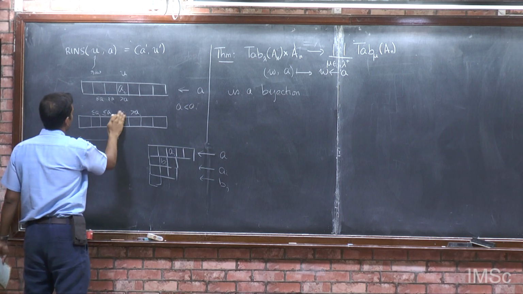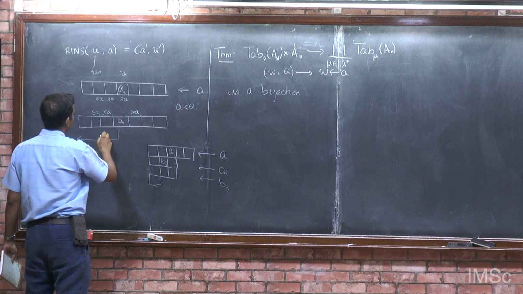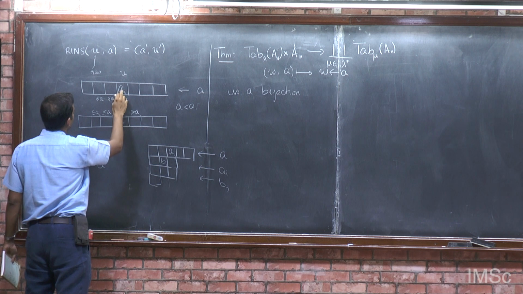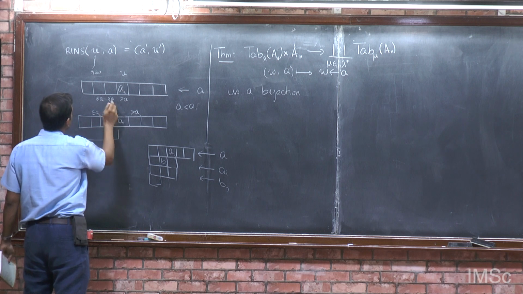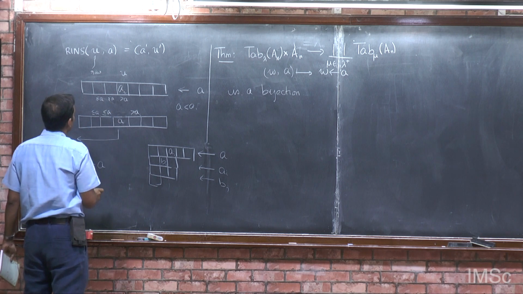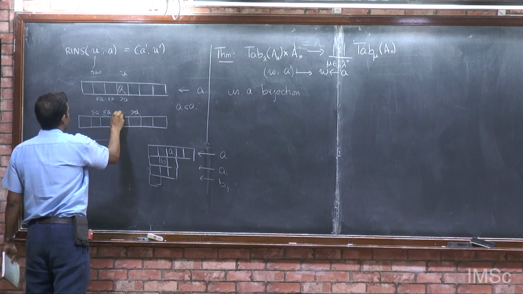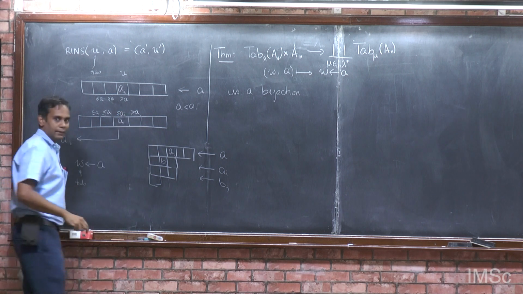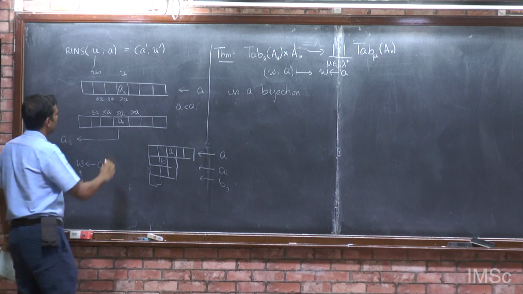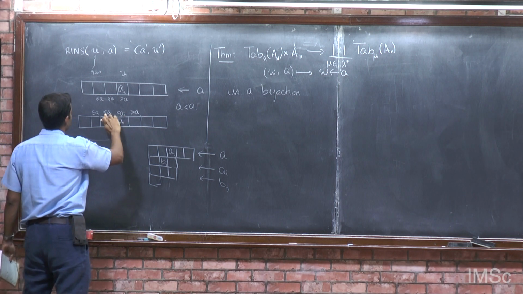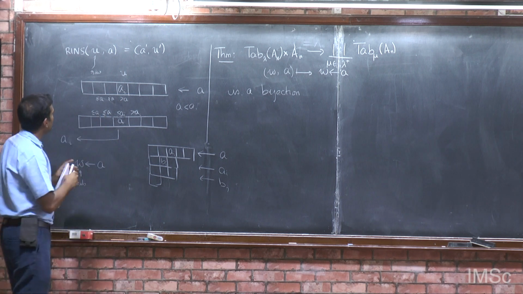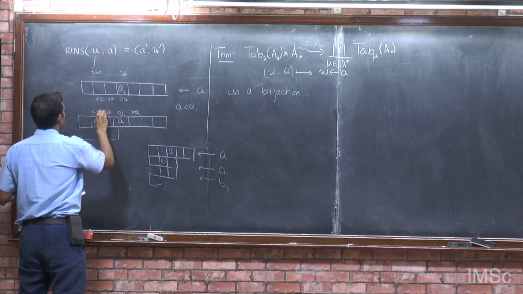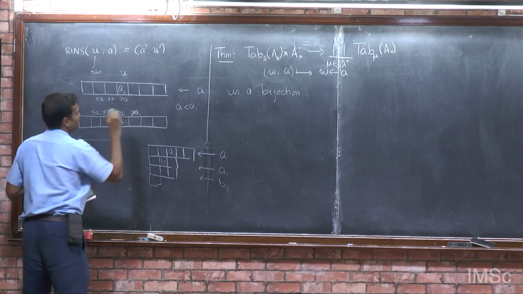This is less than or equal to A I. This is the leftmost position where this is less than or equal to A, less than or equal to A I, and then here they are greater than A I. A is less than A I, yes. So, A is less than A I, and these are all less than or equal to A, so these are also less than A I, and these are greater than or equal to A I.